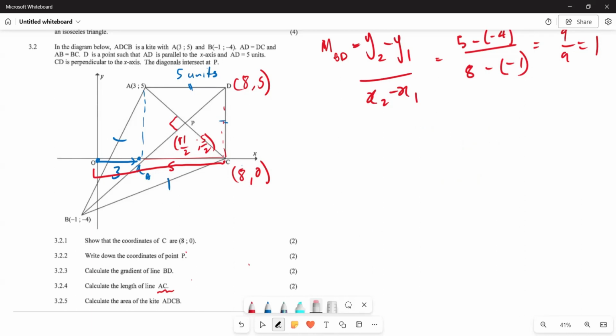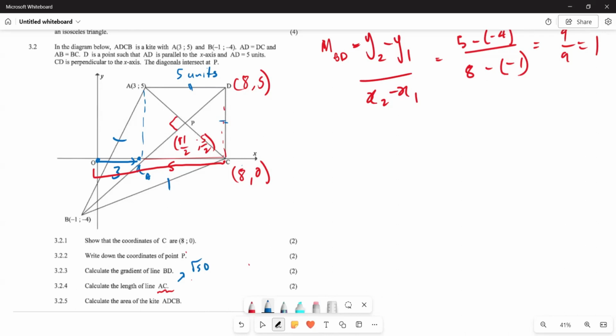My area of the kite is ABCD. So I can start by calculating the length of my AC. Luckily, I already found out that my length of AC is root 50. Secondly, I can now calculate the length of my BD.